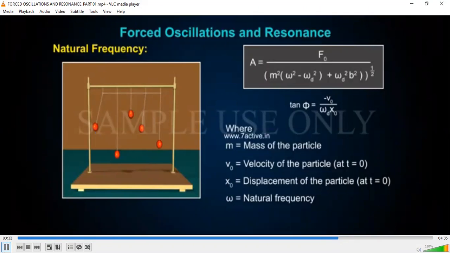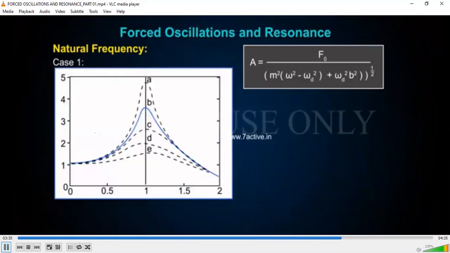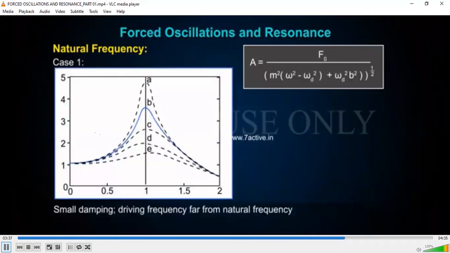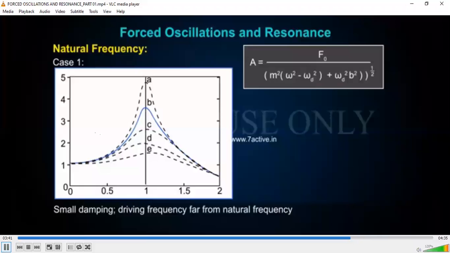Natural frequency. Case 1. Small damping, driving frequency far from natural frequency. omega_d b is much less than m(omega² minus omega_d²).